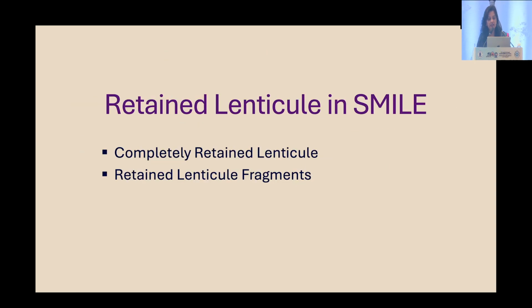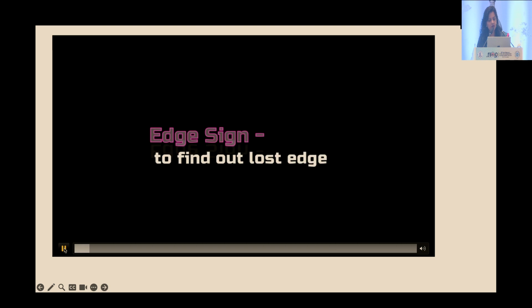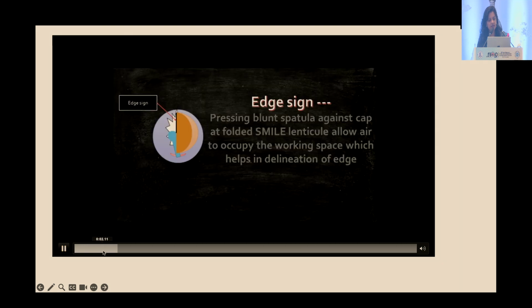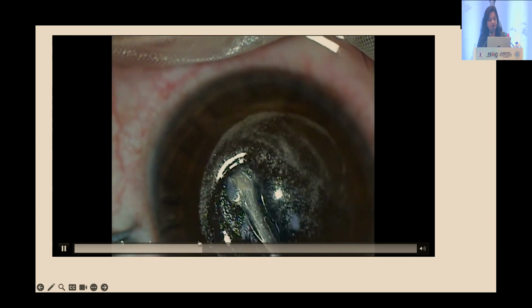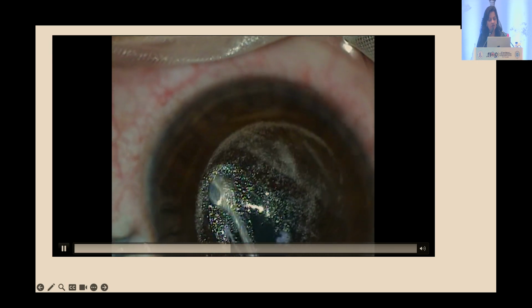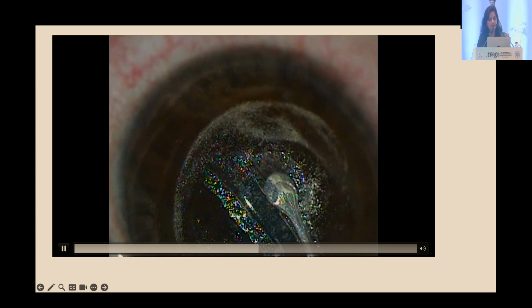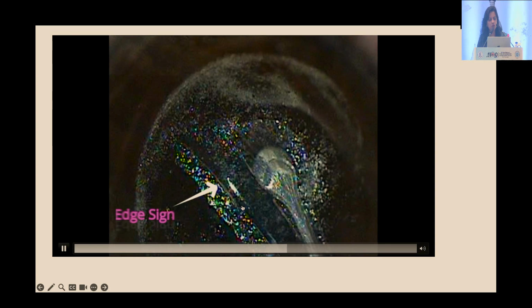So the retained lenticule in SMILE could be completely retained, or you could have just partial lenticular fragments retained. Just to show some problems which can occur, in this case the smile lenticule is retained, and actually from the anterior plane, you entered into the posterior plane.